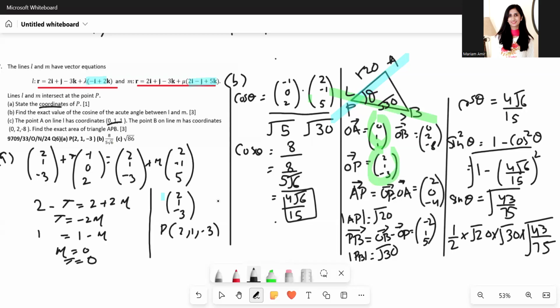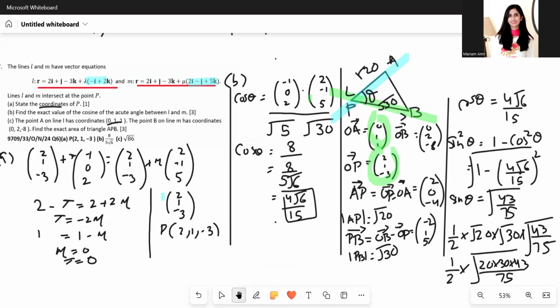So we get half into, take the square root common, inside write 20 times 30 times 43 upon 75. If you do each step separately, what your calculator will do is give you a decimal answer.